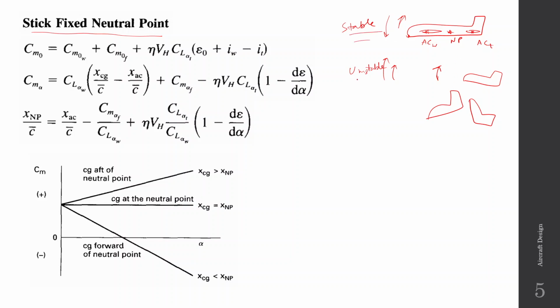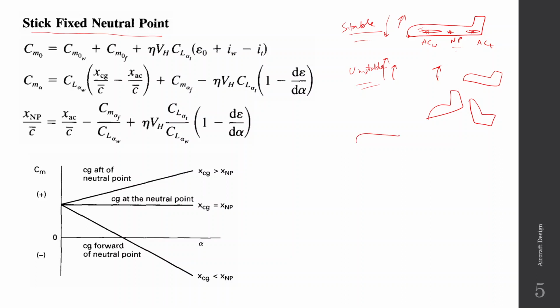We want a stable aircraft only. But it is useful to estimate the location of the neutral point because that gives us an idea of how stable the aircraft is. So the farther the CG is from the neutral point towards the front, the more stable the aircraft is.